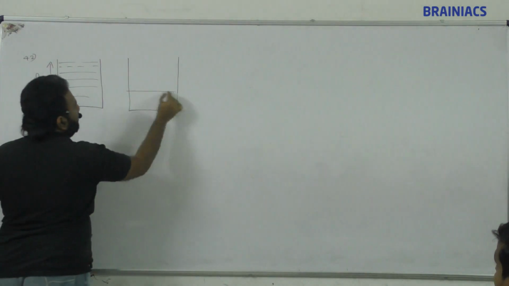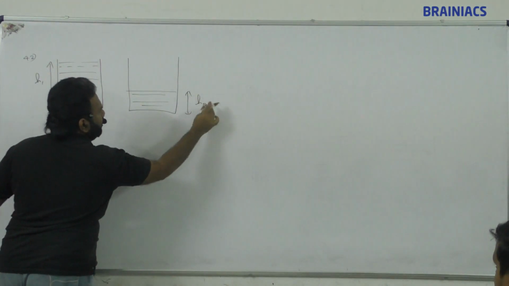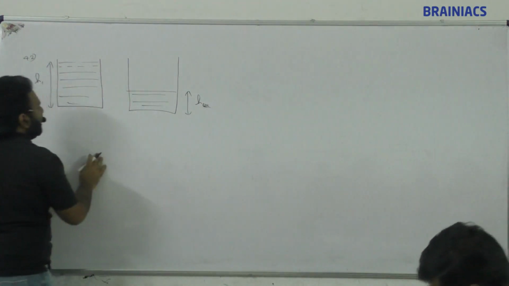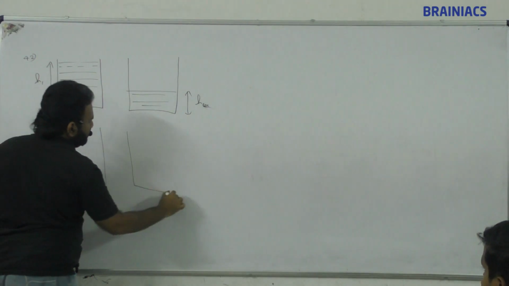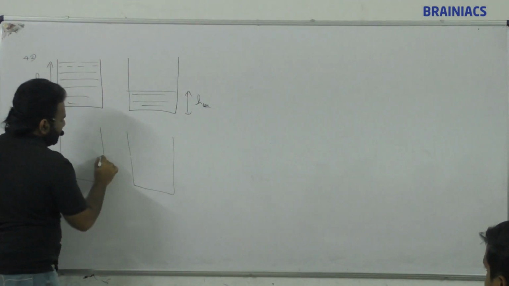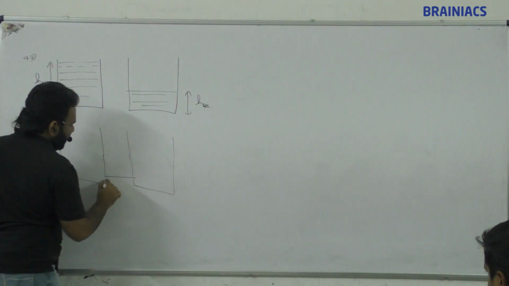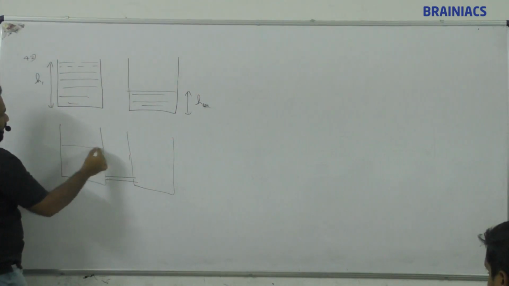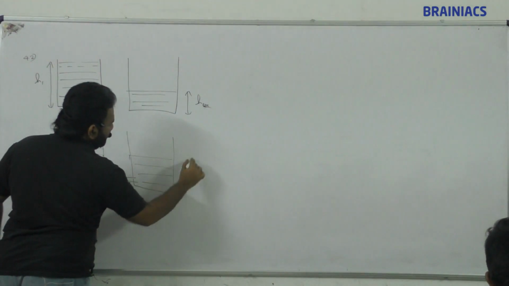In this the water is up to a height h2. Now what happened is we connected this one. After making the connection, the height of the water became equal. Okay, say h.